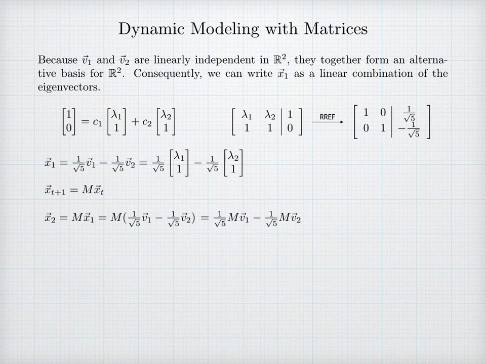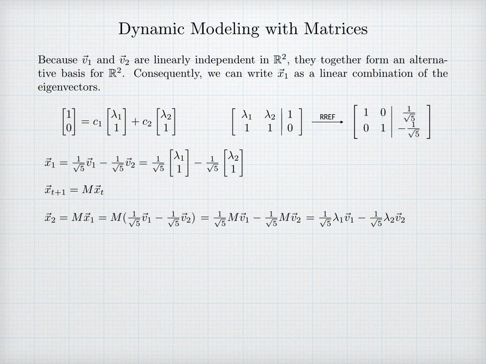Now v1 and v2 were special. They're the eigenvectors. And so M times v1 is just lambda 1 times v1. And M times v2 is lambda 2 times v2.